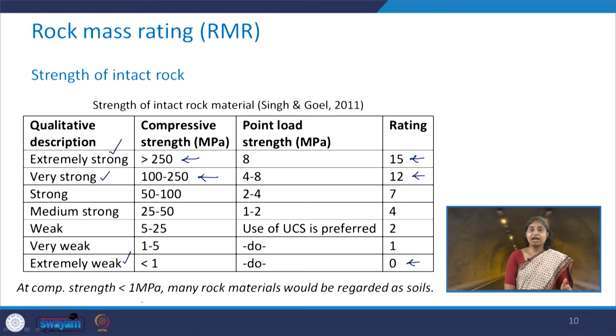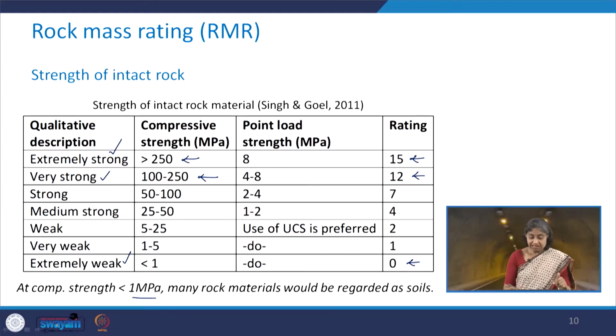So, when you have the compressive strength less than 1 megapascal, many rock materials in such a situation would be regarded as soil. So, you can see that there is a third column for the point load strength index test.